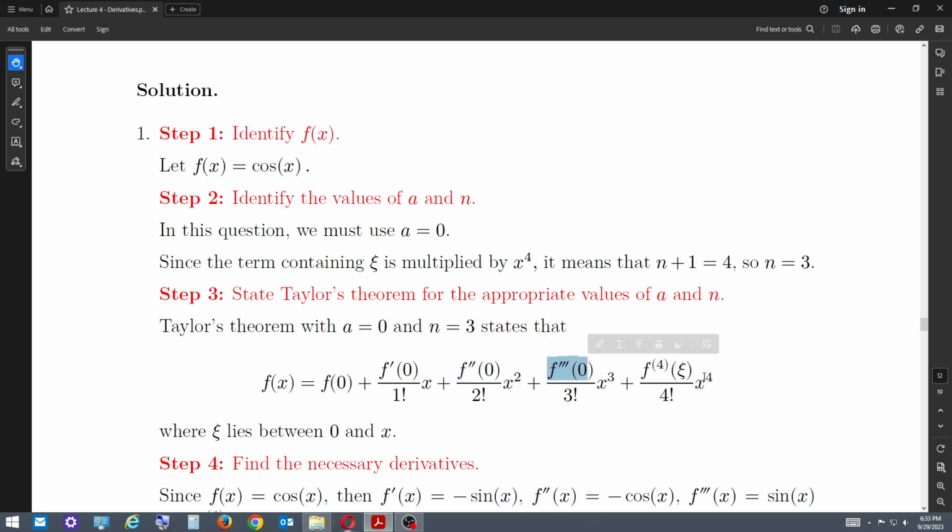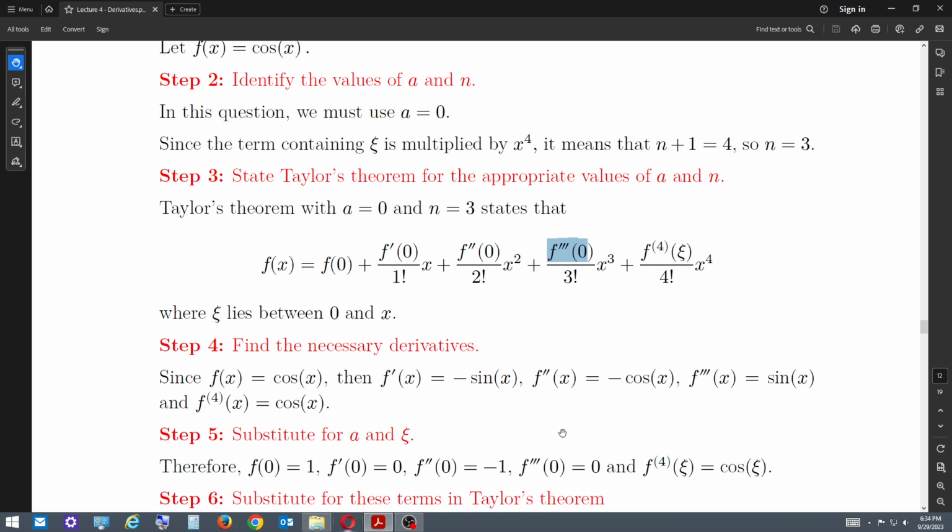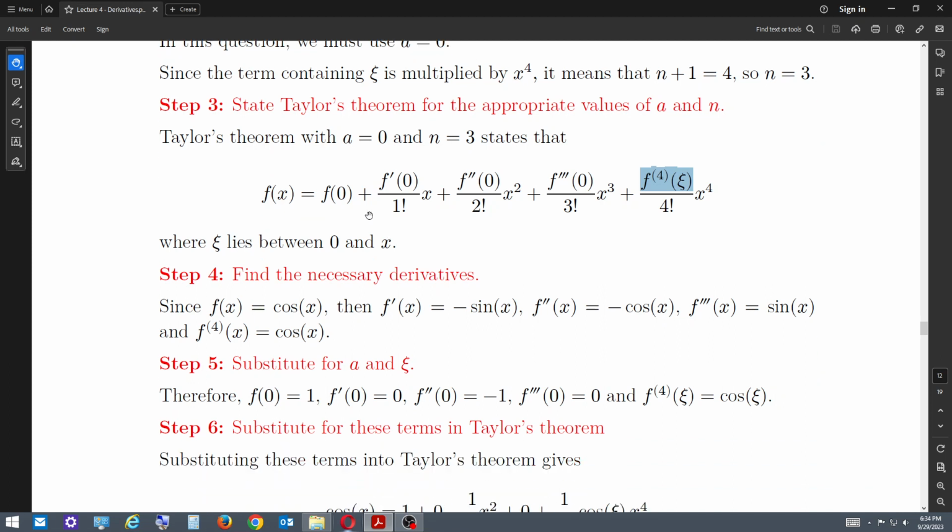First I need to differentiate and then I need to substitute the values. So I'm going to need to know up to the 4th derivative. So I take f of x and I differentiate 4 times and I note those. And then I can substitute. So I need to know what f of 0 is, f prime 0, f double prime, triple prime. But be careful, the last one is the fourth derivative at xc, not 0. So for all of these, you'll have values, except the last one will be a function of xc.